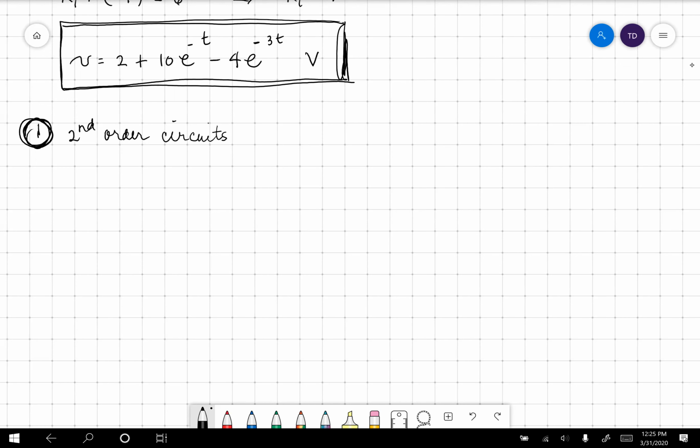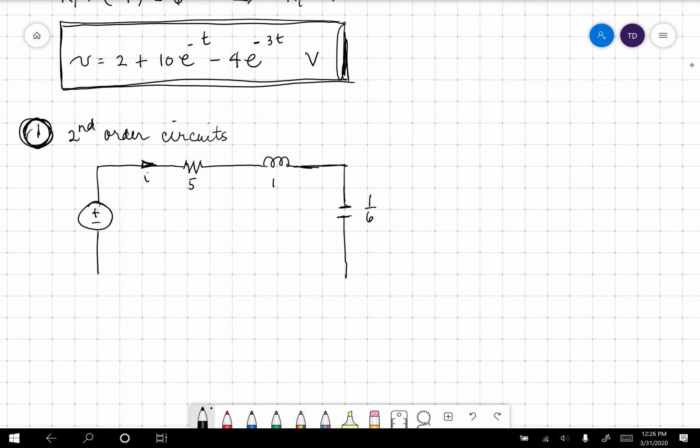So the circuit looks like the following. There's my current I, a 5 ohm resistor, and I have a 1 Henry inductor, and then a 1/6 farad capacitor.